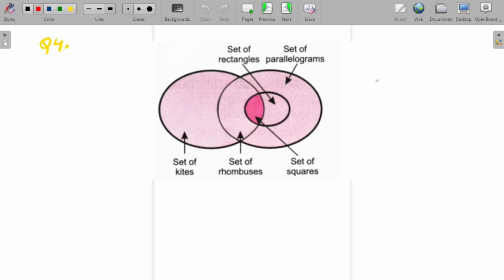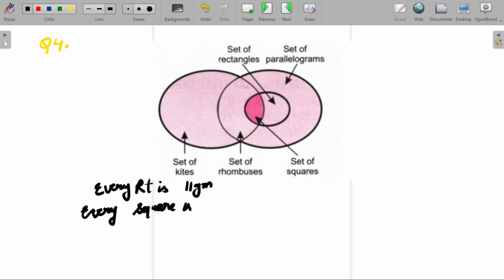As we know, I'm using short words here: every rectangle is a parallelogram, every square is a rectangle, and every square is a rhombus, and every rhombus is a kite.